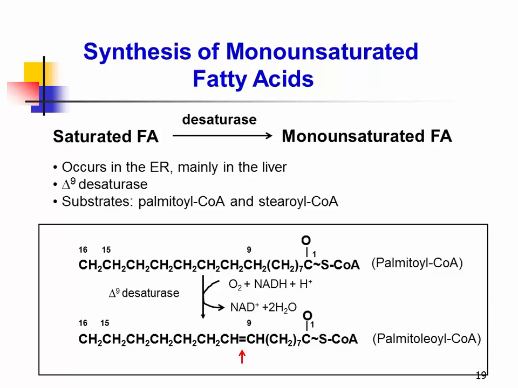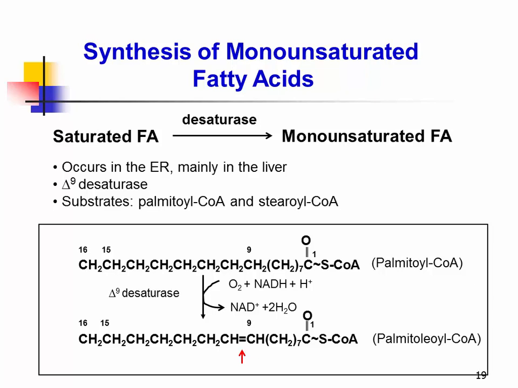For example, with palmitoyl-CoA as a substrate, delta 9 desaturase can catalyze formation of a double bond at the 9 carbon position.